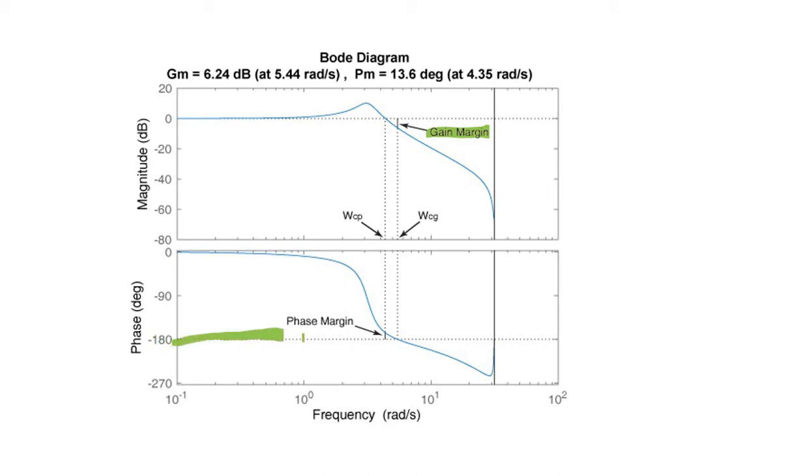Just look at this line and see where the crossover happens at the frequency with the phase plot. From this line, go to the magnitude, pull it up until you have the crossover at the magnitude plot here. So here until 0 dB here, this one is actually our gain margin.